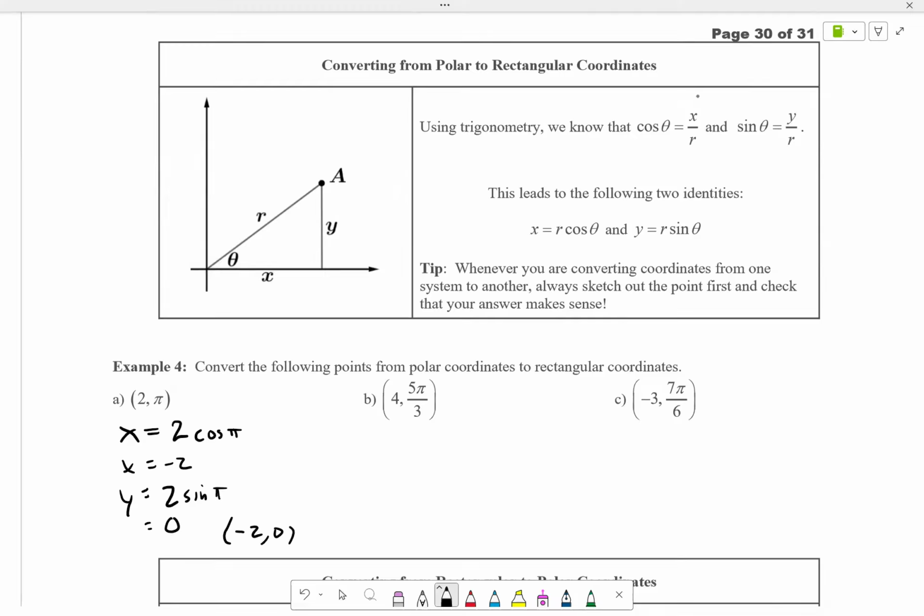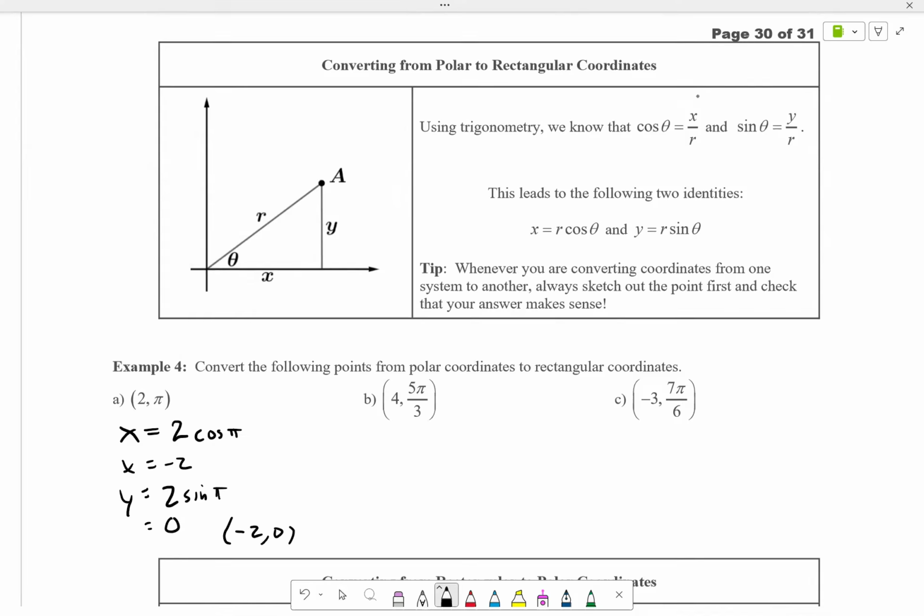Any questions about that? Is there another way to do it? That's a perfect way to do it. But also, how about you just graph the point 2 comma pi? And where is that?